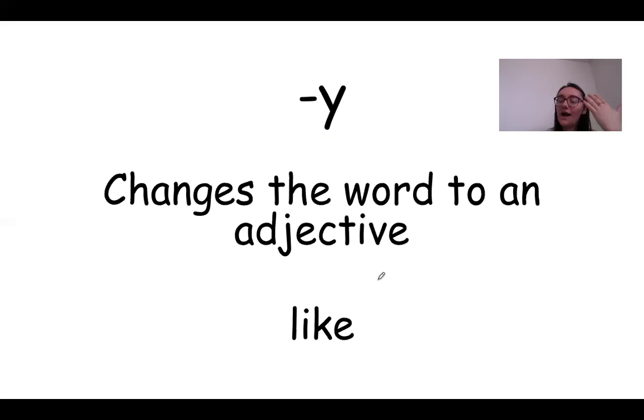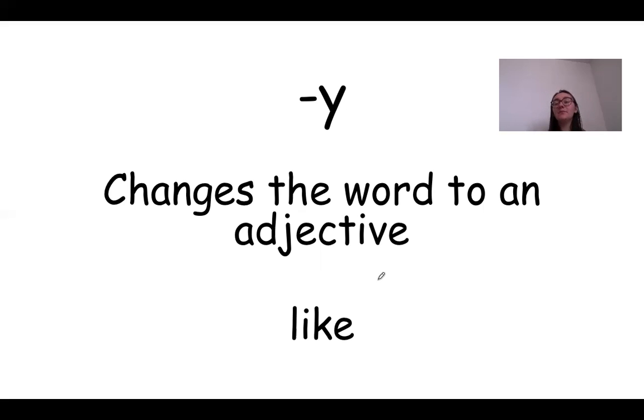So when you put a Y at the end like that, it changes the word to an adjective. So it takes the word salt, that's a noun, right? It's a thing that you can hold and touch. It changes it to an adjective that means it's like the word that it's next to. So when you say something is salt, it means that it's actually the tiny white salt.